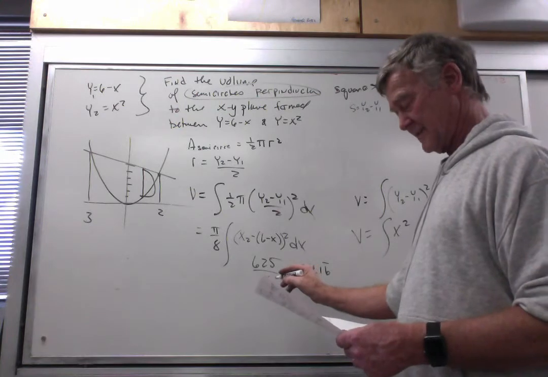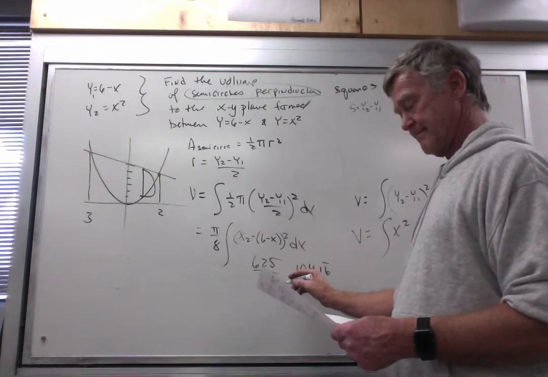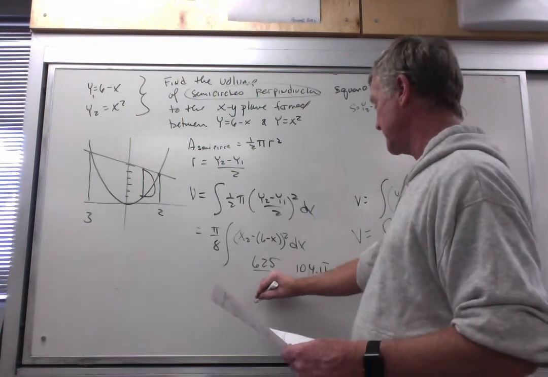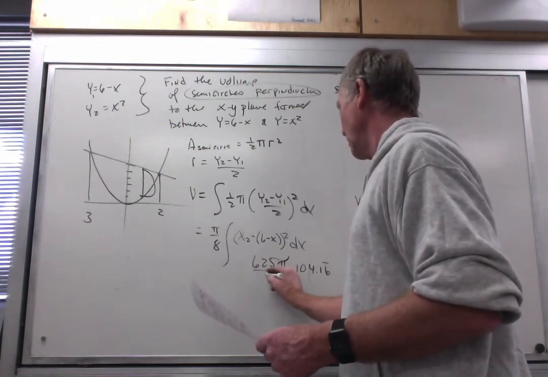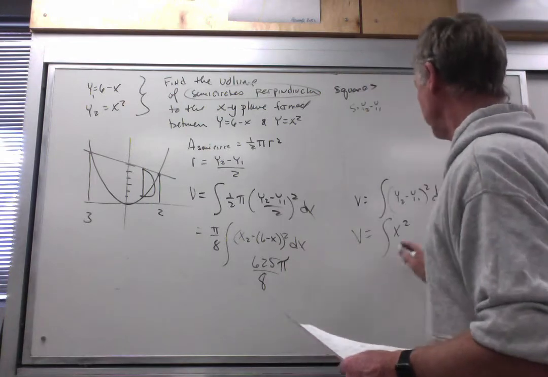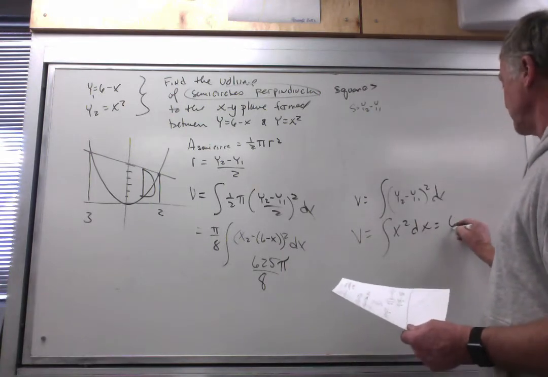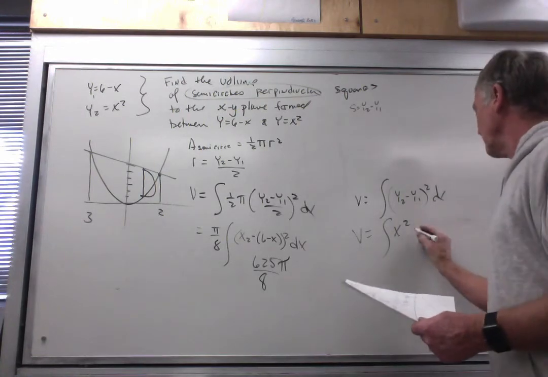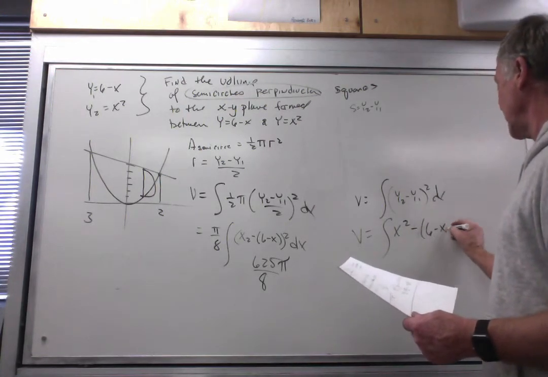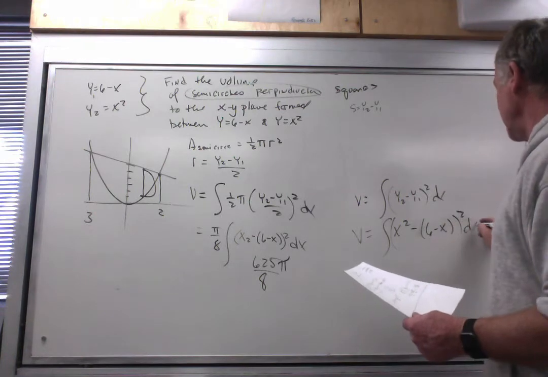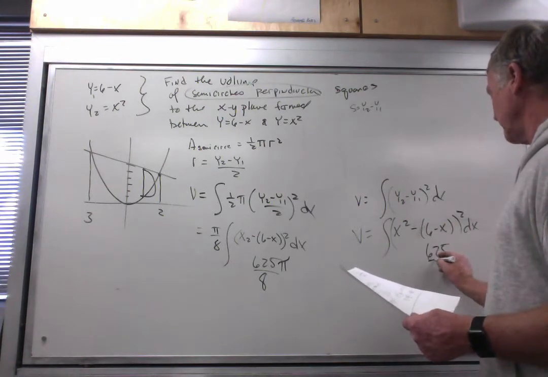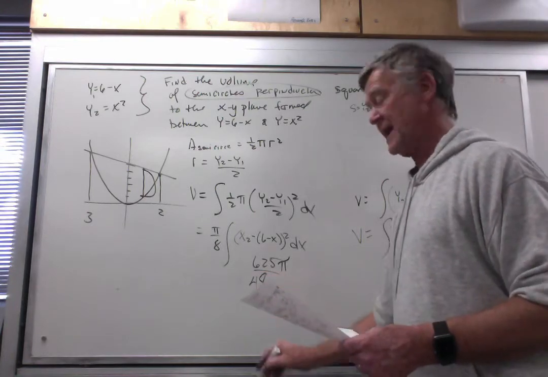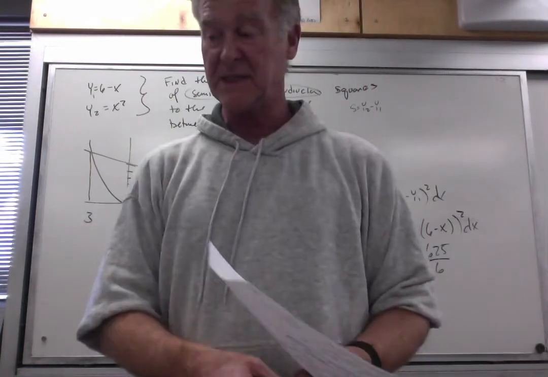Oh, by the way, I'm sorry, this would be 625 pi over 8. This one, x squared minus (6 minus x), squared, dx works out to be 625 over 6. This is over 48. All right. Sorry about that. Kind of messed that up.